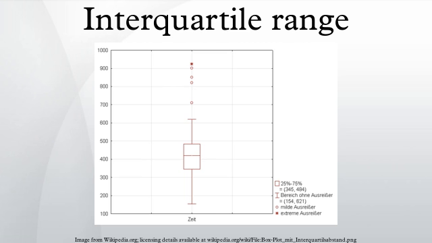For the data set in this box plot, lower quartile Q1 = 7, median Q2 = 8.5, upper quartile Q3 = 9, interquartile range IQR = Q3 − Q1 = 2.